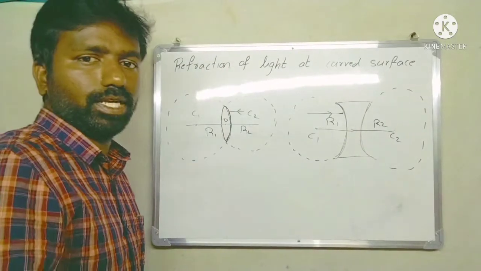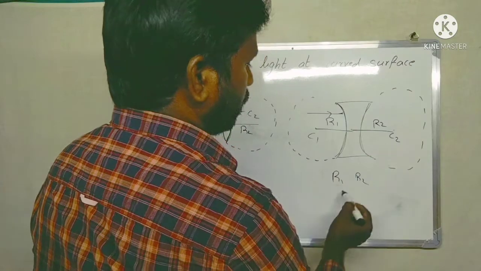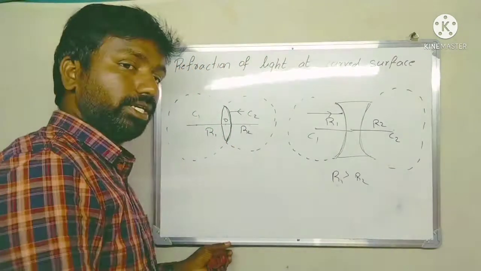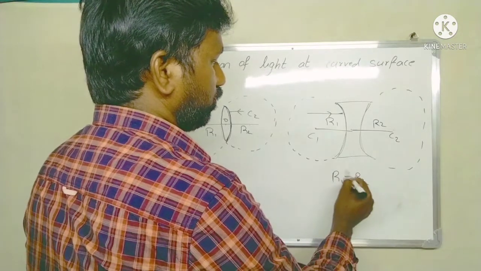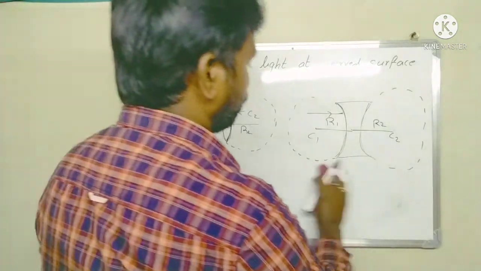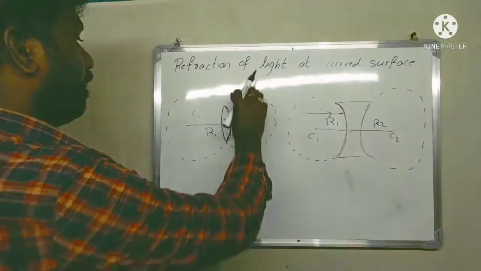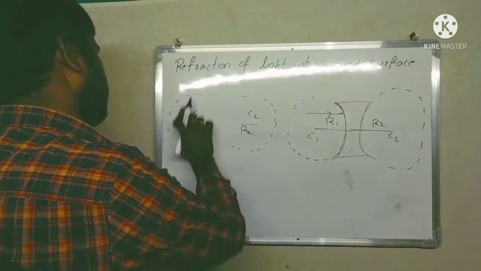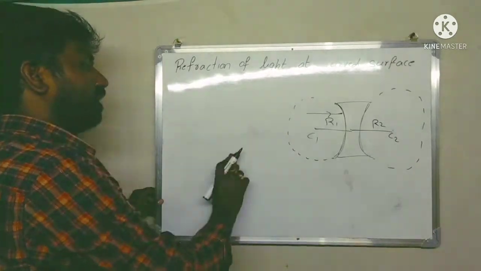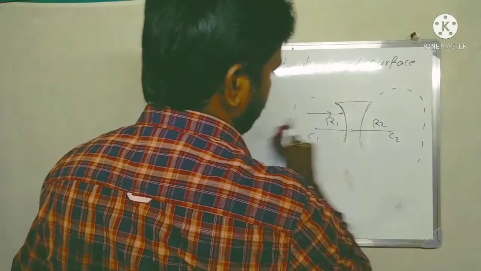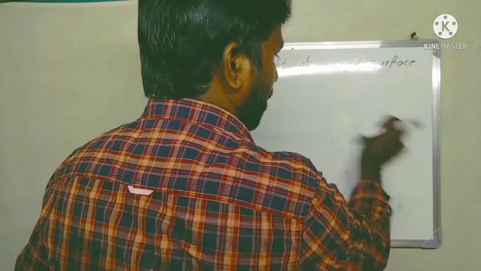Here also R1 and R2 can be greater, less, or equal. These are both lenses. Now if light rays are incident on the lens, how will the light rays get refracted and deviate, we'll see here.